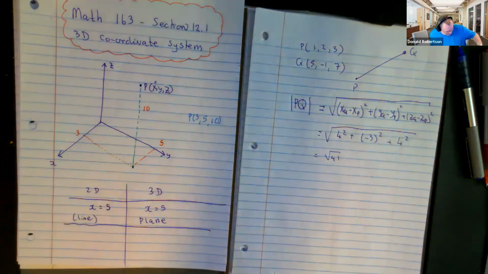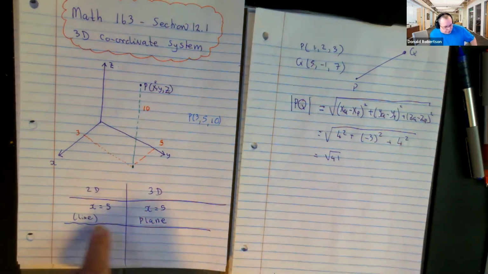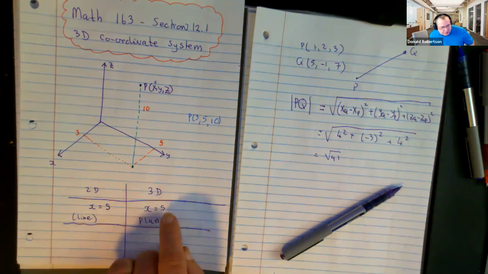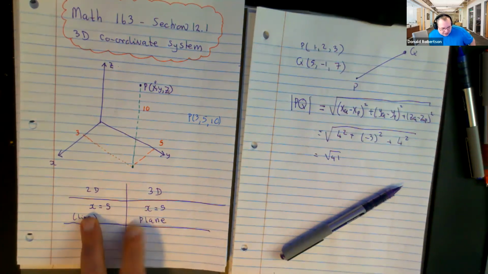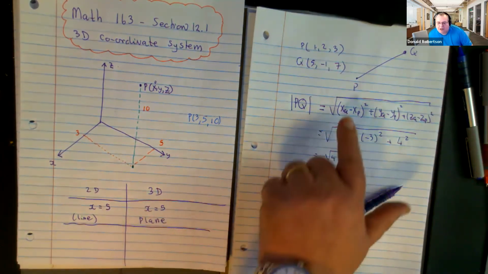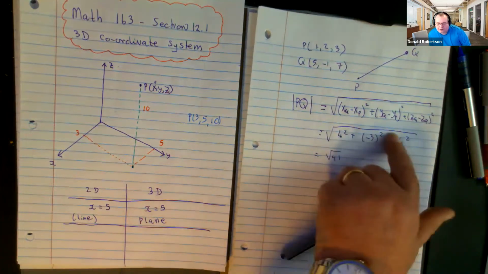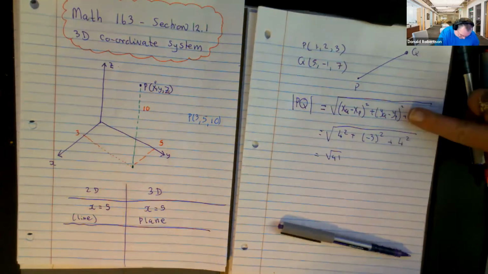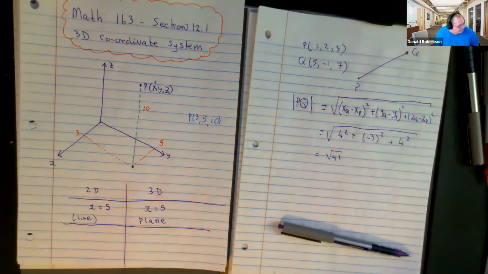Now, once mathematicians moved from the 2D world to the 3D world, and they looked at some of the things they would do in 2 dimensions and saw what happened to them in 3, like a line became a plane, it was nice that the formula for the distance really was just an extension. Would you agree it's just that, add one more? But once you've done that, if you want to get into weirdness, couldn't you do the distance between 2 points in 4-dimensional space?